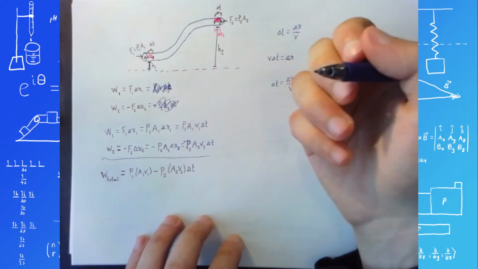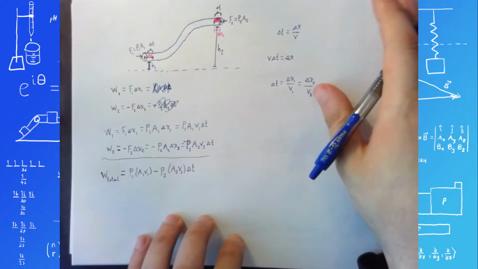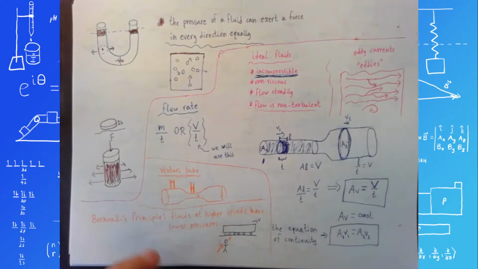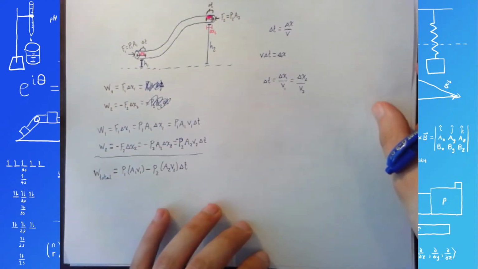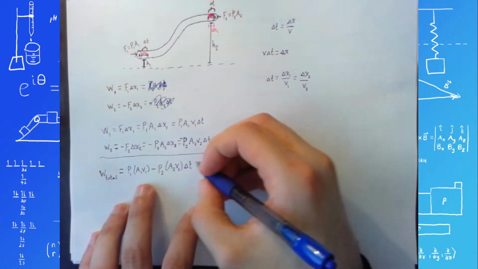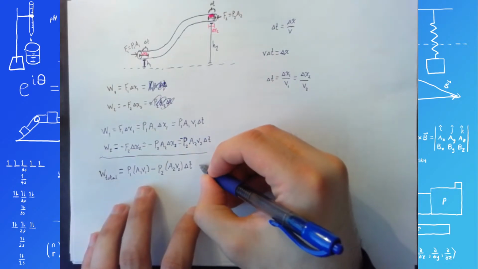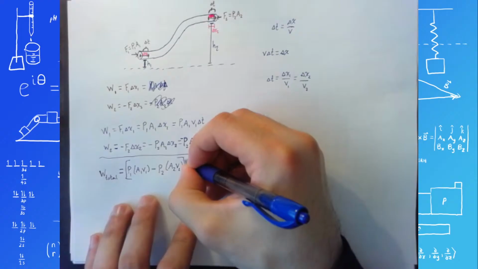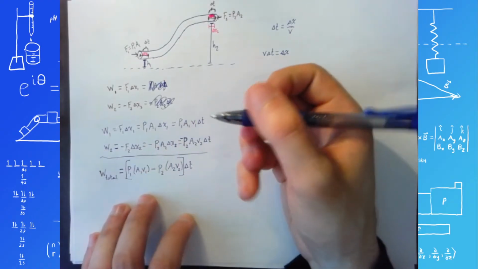But A1 V1 and A2 V2, what's that equal to? Those are both equal to the flow rate. They're equal to volume over time. Oh, and I forgot to put these in brackets. The delta T is for both of them.